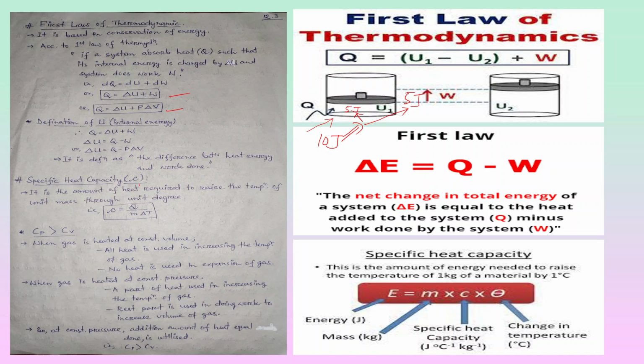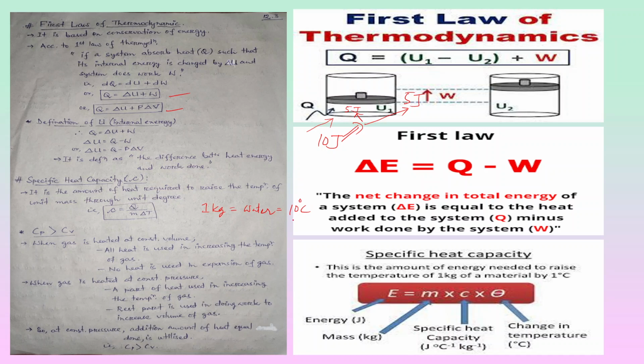Then after that, specific heat capacity. Specific heat capacity means the amount of heat required to raise the temperature of unit mass through unit degree. Suppose we take 1 kg of water, and that water initially has 10 degrees Celsius.